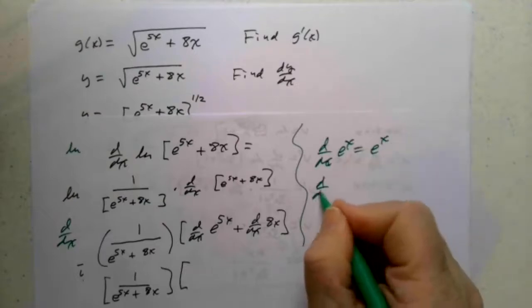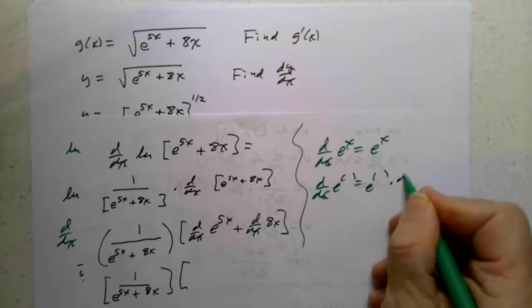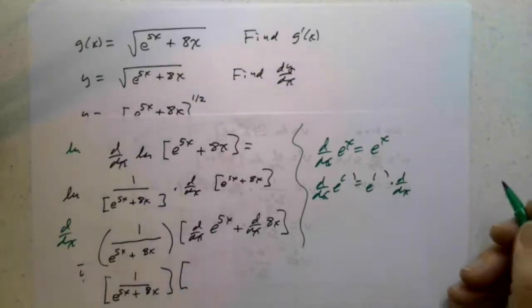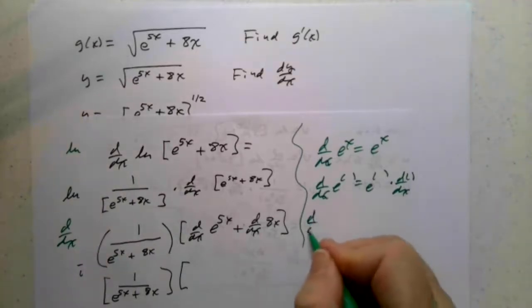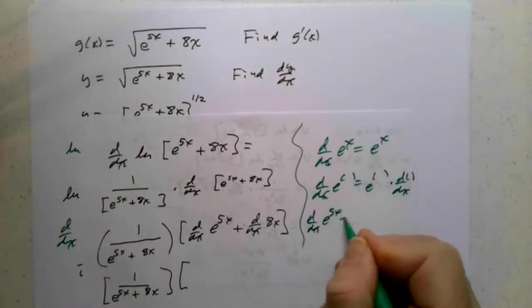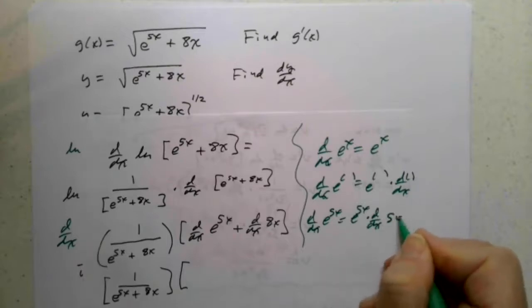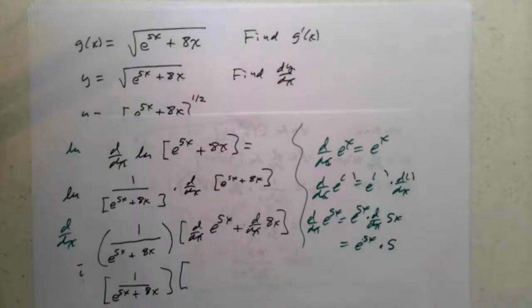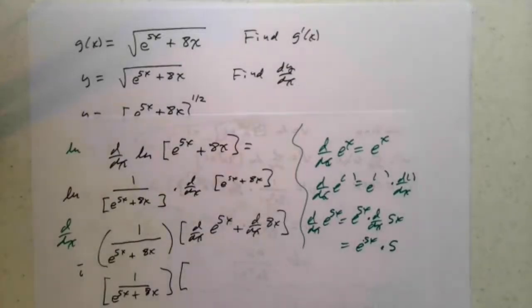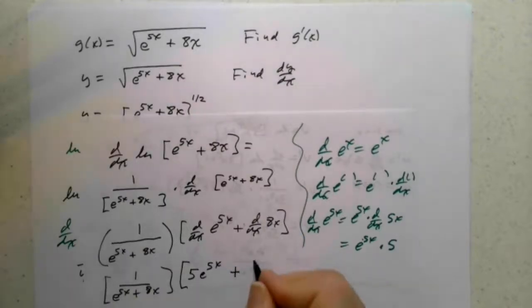We know the derivative of e to the something is e to the something times the derivative of that something. So the derivative of e to the 5x is e to the 5x times the derivative of 5x. So that's e to the 5x times 5. The derivative of e to the 5x is e to the 5x times 5, or 5e to the 5x. Plus the derivative of 8x is just 8.